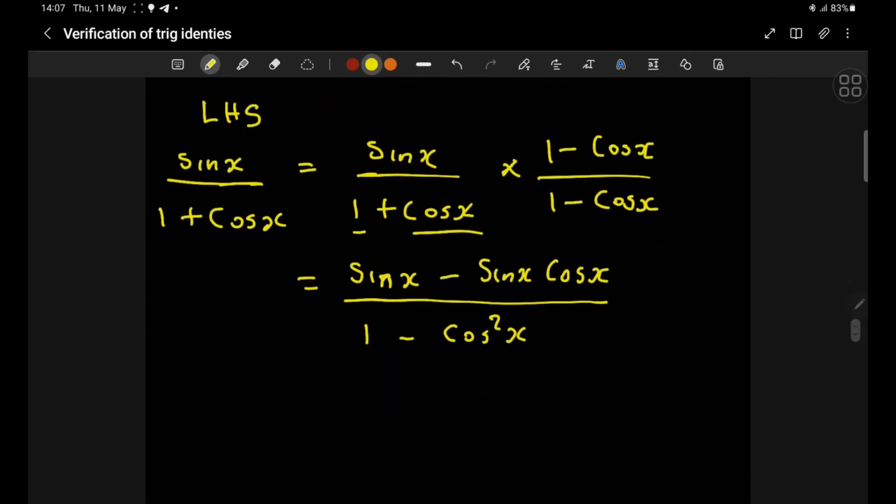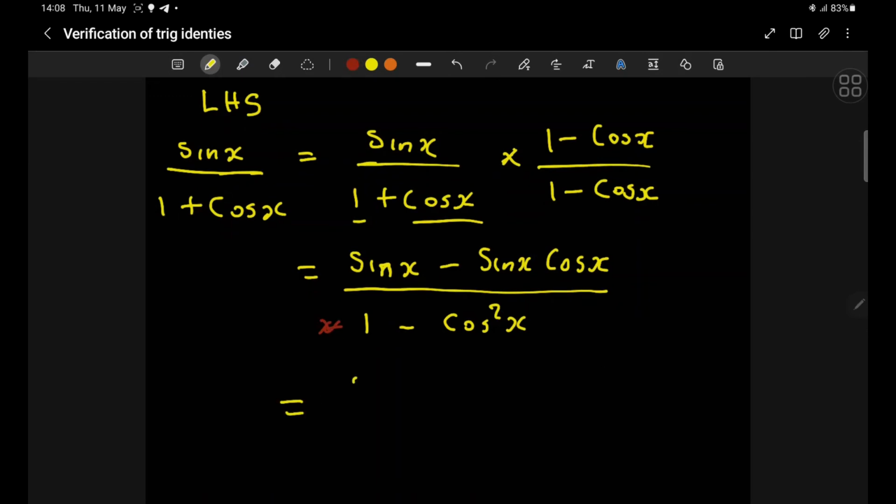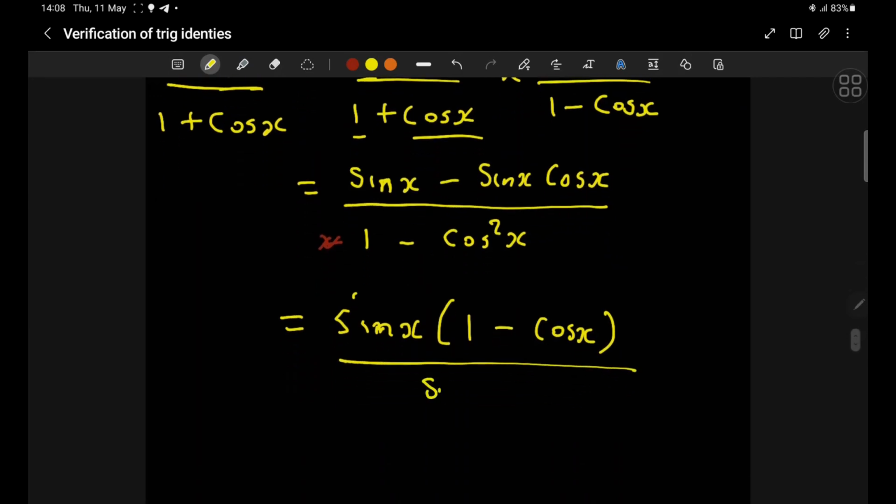And if you recall the Pythagorean identity, this part is equal to sine squared x. So if you look at the numerator, we can factor out sine x. So that is sine x, will remain with 1 minus cos x. And then on the denominator, this is a Pythagorean identity, that is sine squared x. So we can have a division of sine x and sine x there.